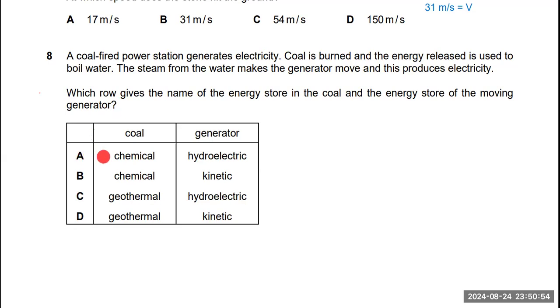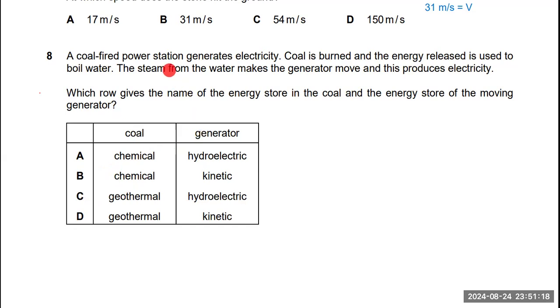So you have to understand A or B. C or D is incorrect because coal is not related to geothermal. I will give a little bit of a hint about geothermal, but in coal, you store energy in the form of chemical. On the other hand, the generator is a mechanical part.